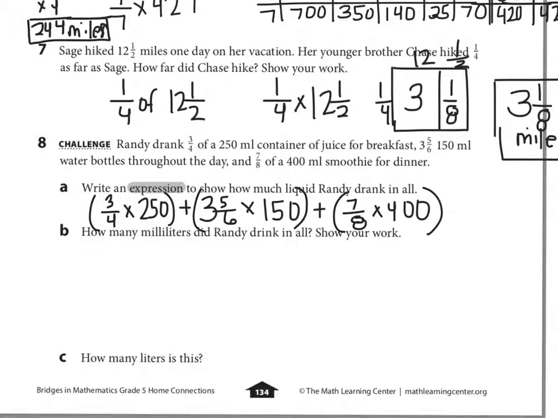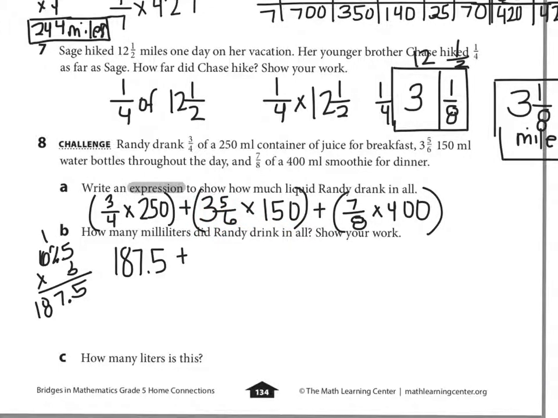That's what I'm thinking right now in my head. Standard multiplication algorithm here. 6 plus 1 is 7. 6 times 3 is 18. And that was a 1/2 right there. It's 187.5 is this first amount he drank. 187.5 milliliters.